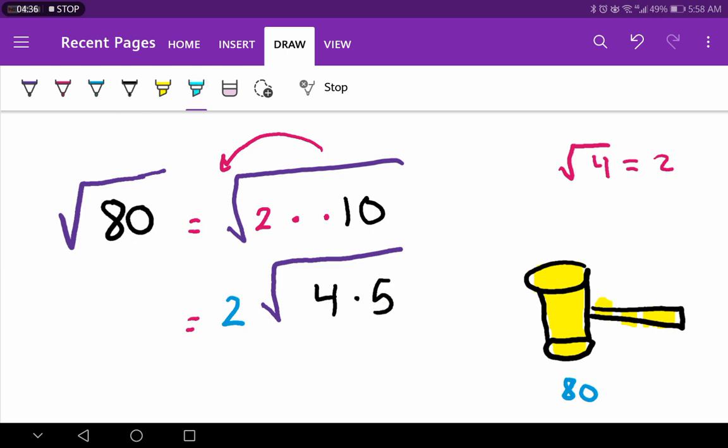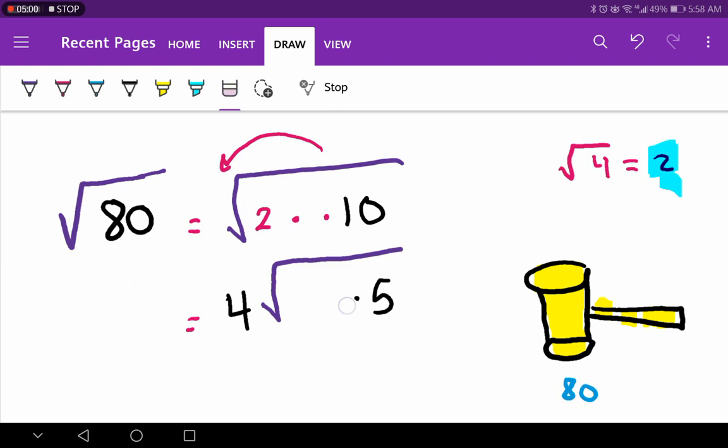I find another treasure here, which is 4, and I know radical 4 gives me 2. So I erase this 4 and send another 2 outside, so it will be 2 multiplied by 2, which gives 4, and I'm done.